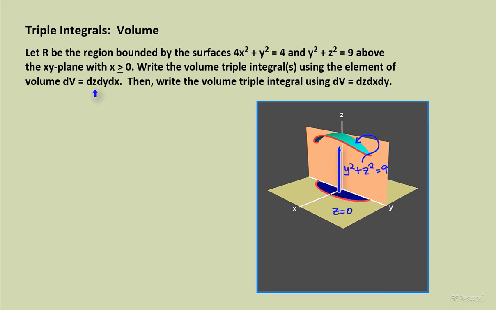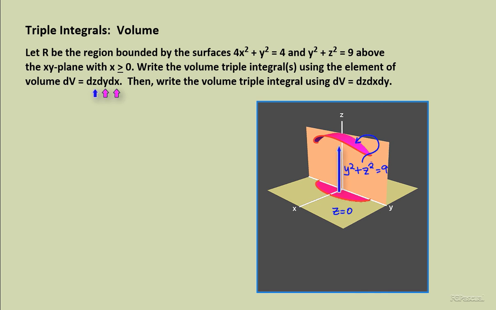Note, and this is important, the first variable of integration is z. We have to solve for z in terms of the other remaining variables, which are x and y. On the lower boundary, which is on the xy plane, z is simply 0, so there's nothing to do there.